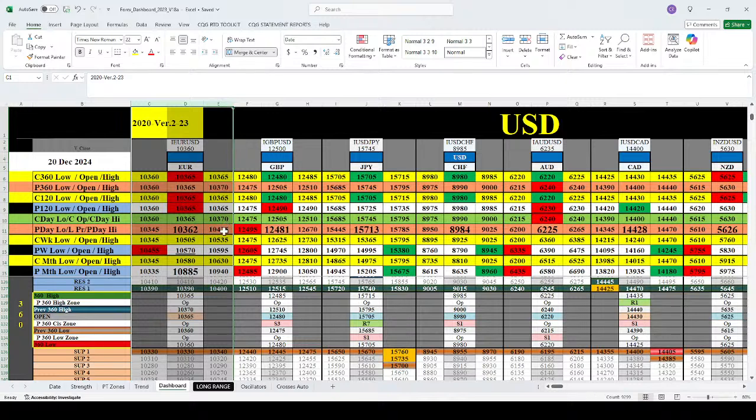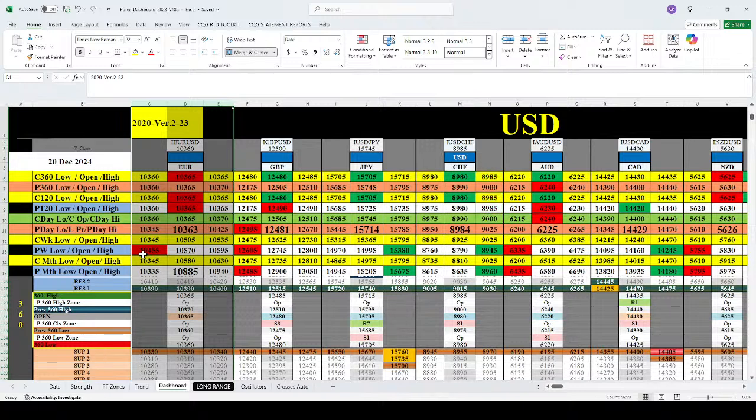At the same time, today's low is 10360, previous day low is 10345, current week low is 345, current month low and previous month low is 335. So that means eventually this is expected to break lower.